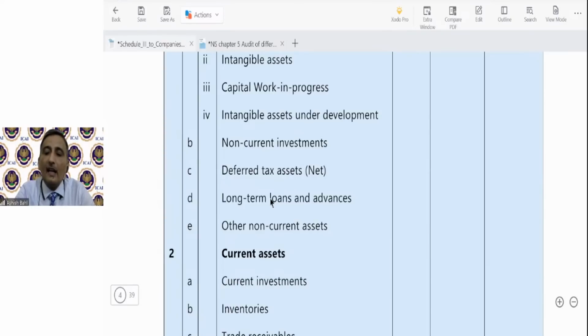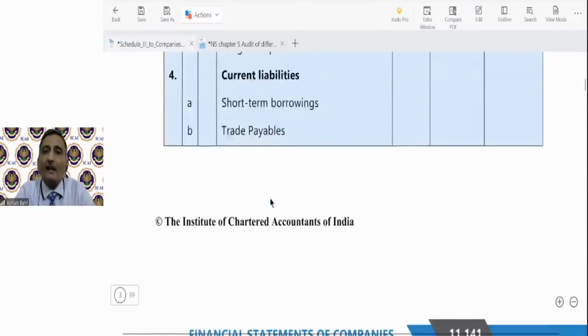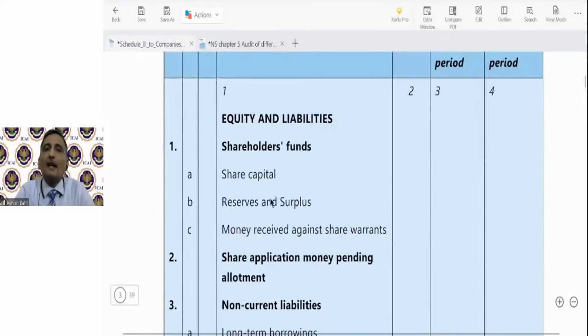So it would be better that you go through the requirements of Schedule 3 and try to remember and learn as many things as you can relating to, say, trade receivables, relating to, say, cash, relating to property, plant and equipment, relating to inventories, relating to current liabilities.